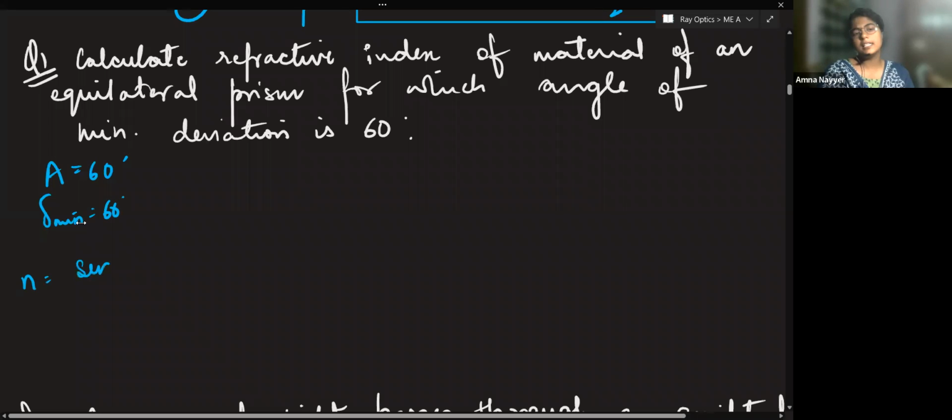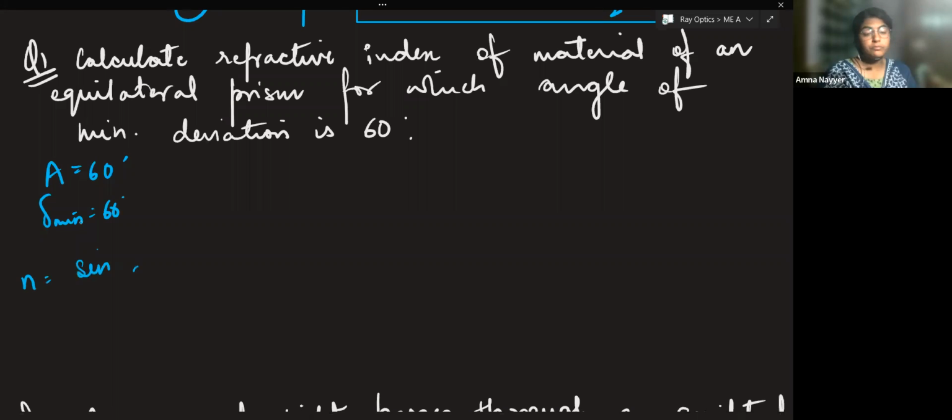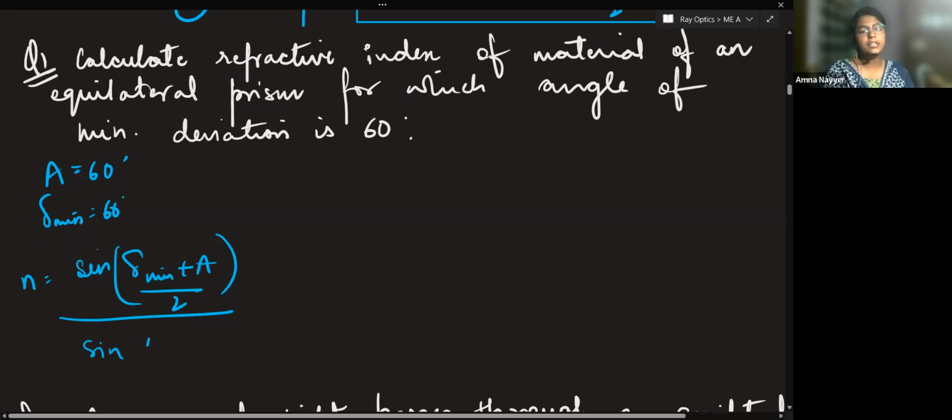See, refractive index is what? This is sine of (delta minimum plus A) by 2 divided by sine A by 2. Delta minimum, A and n, these are only three quantities that are required. So for finding n, you need two out of these three.